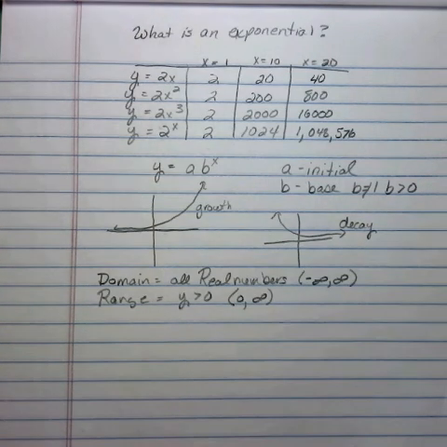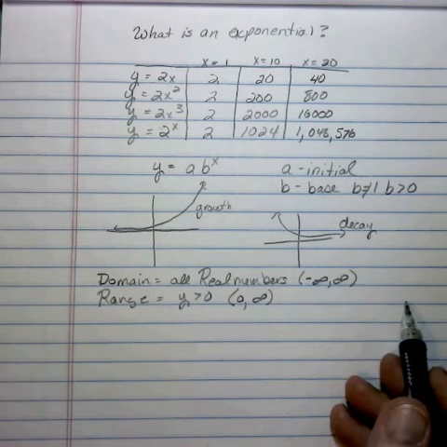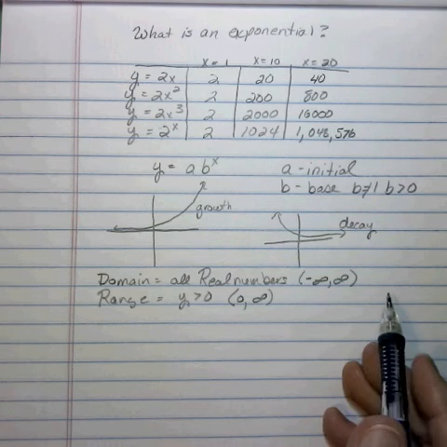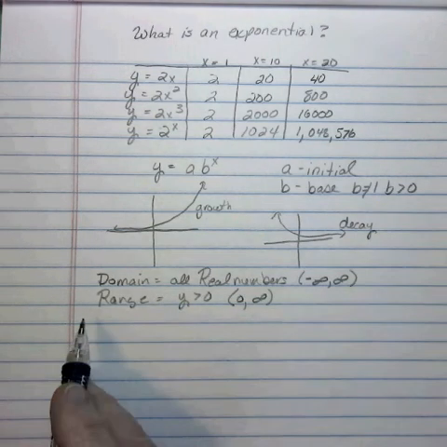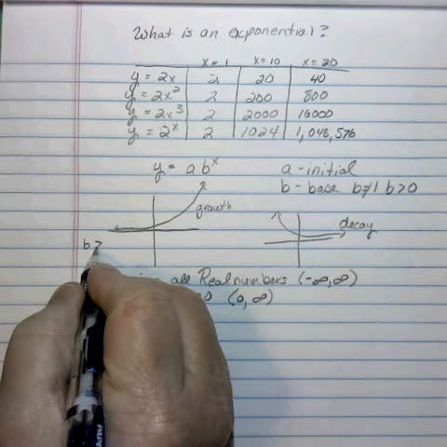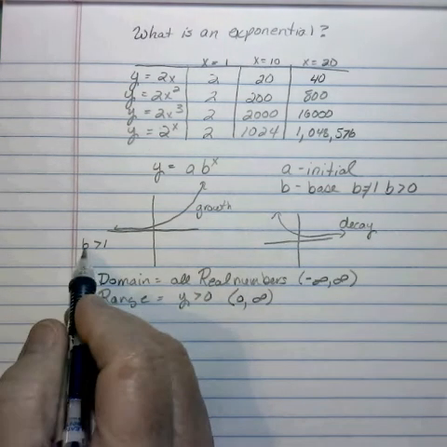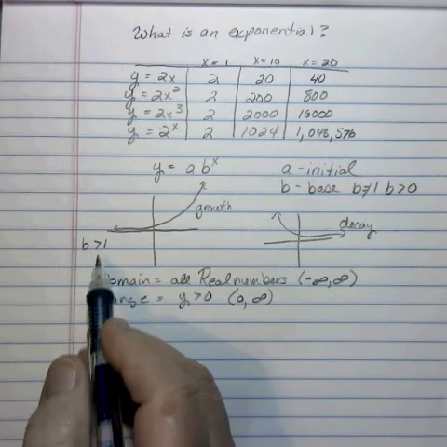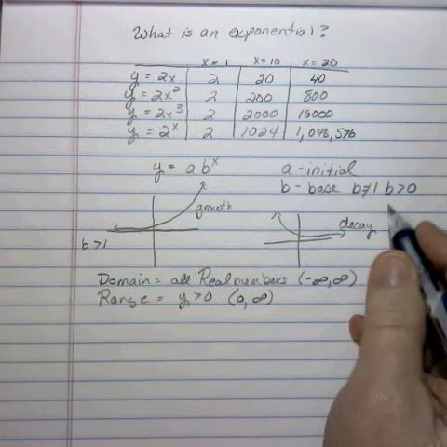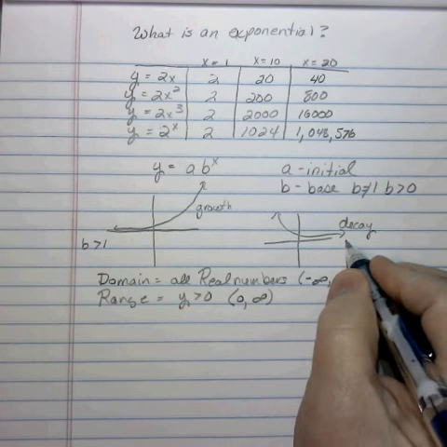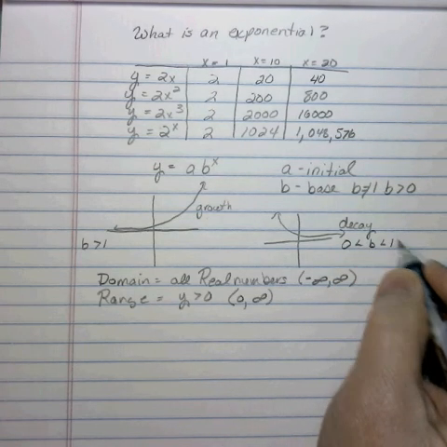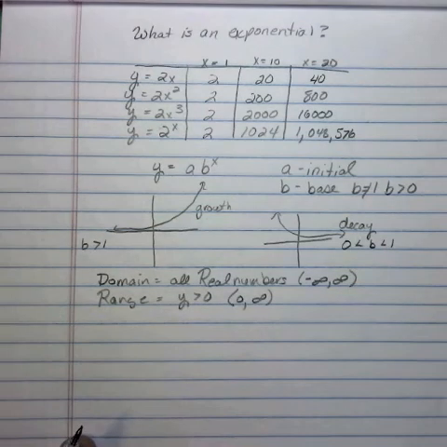So, as we continue to look at the differences here, the reason that we have a growth is that when that base value is greater than 1, anytime the base value is greater than 1, we will have growth in our function. Anytime the base value is between 0 and 1, we will have decay.